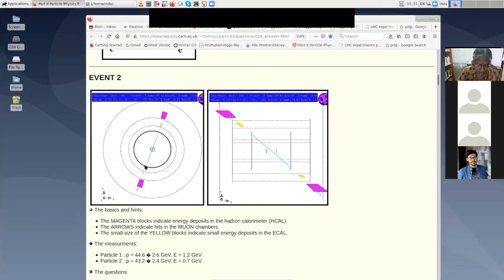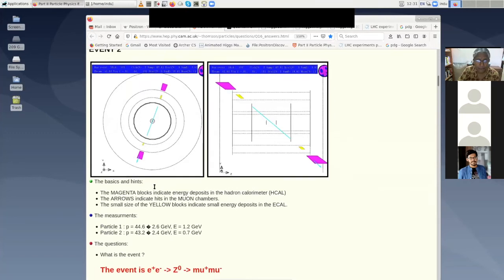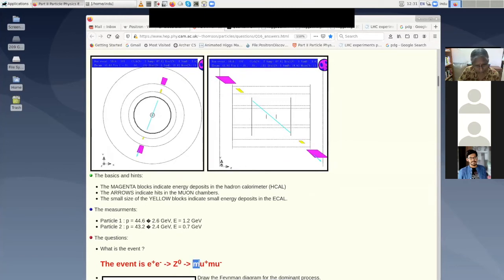I will tell you. So this is simply Z naught goes to mu plus mu minus. But because mu is so massive, nothing prevents the mu from emitting a photon. So I can have Z naught goes to mu mu gamma. Then they will not be back to back. One mu will be here, maybe the other mu will be here, and then the gamma will balance it.